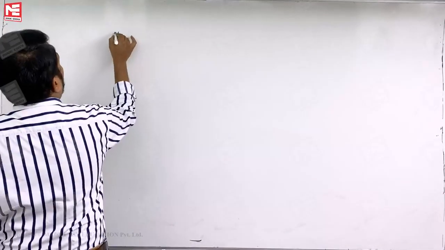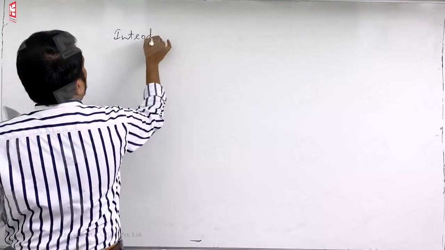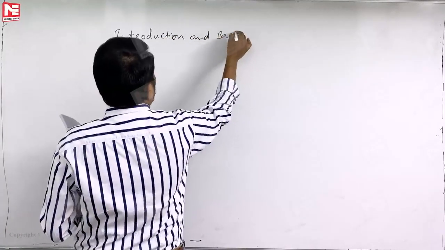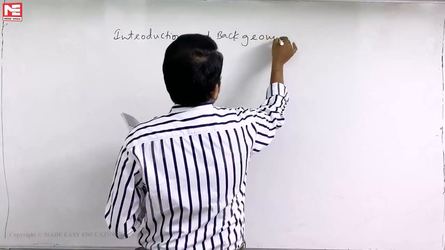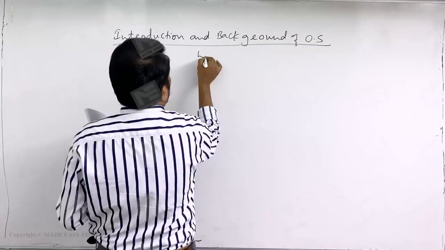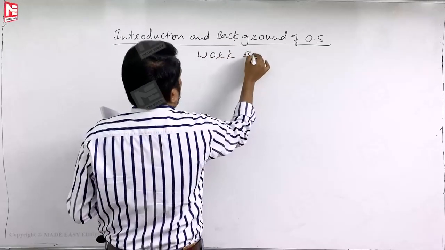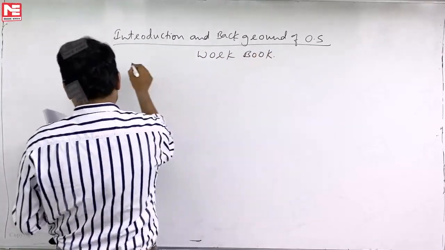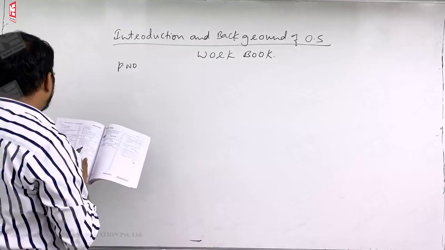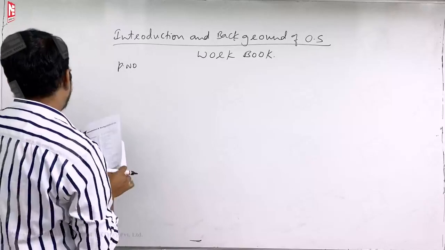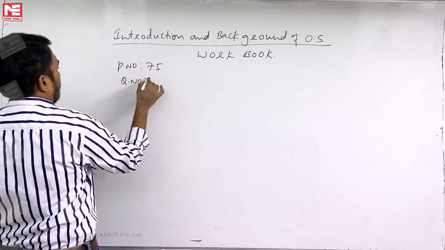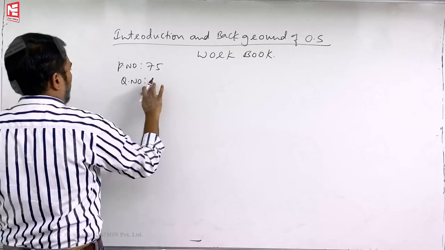So I'm writing here: introduction and background of OS. I'm writing the page number also, just in case anybody did not get the workbook: page number 75, question number 1.